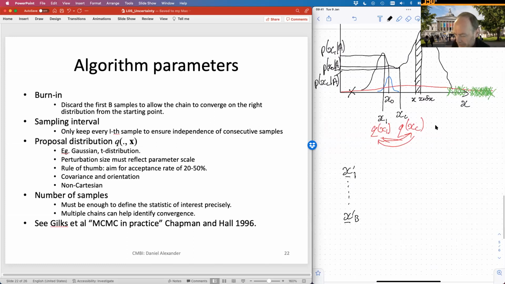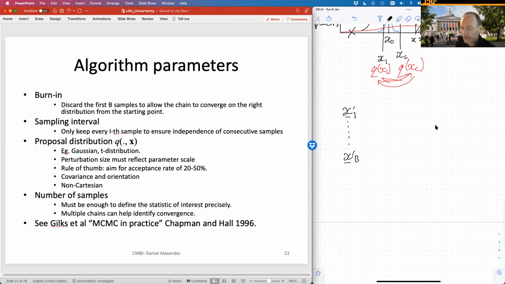So the first B samples would be our burn-in, and we simply discard those. So here is my trash bin. We dump all of those into the trash, never use them. And the first sample that we actually use would be X dashed B plus 1. So I'm going to call that X1. That's our actual first sample that we use as an output of this process.